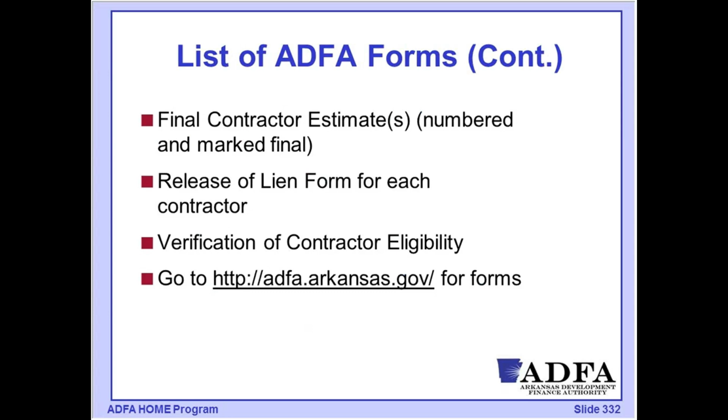There's a release of lien form that would be used for each contractor and also for each of our subcontractors. And then, of course, keep in mind, there's a form for verification of contractor eligibility. We mentioned the sam.gov system to make sure that we were not issuing any contracts to contractors who were on the federal debarred list. All of these forms are available at adfa.arkansas.gov and would need to be utilized and held as part of your filing system for each of your projects.